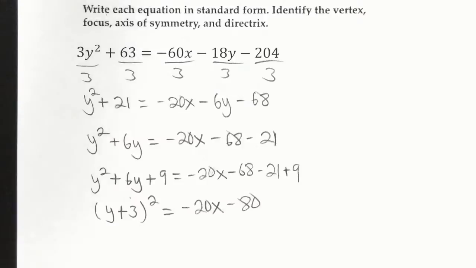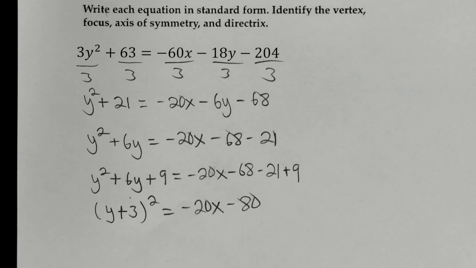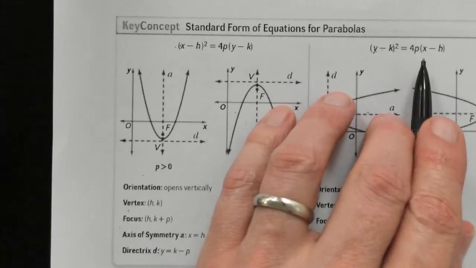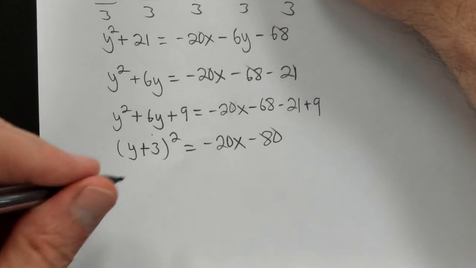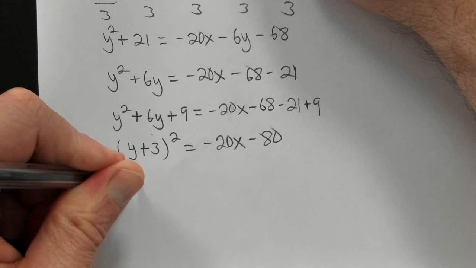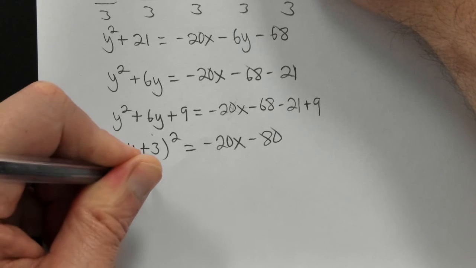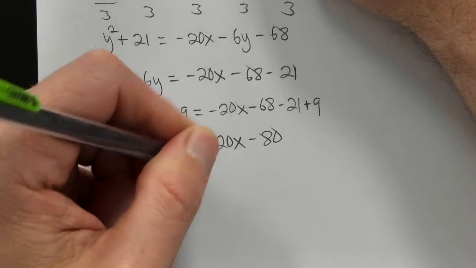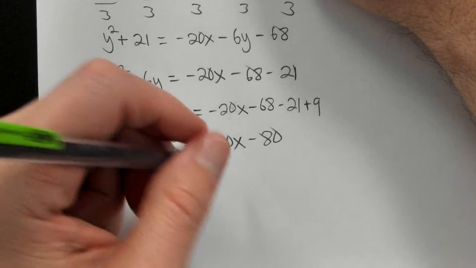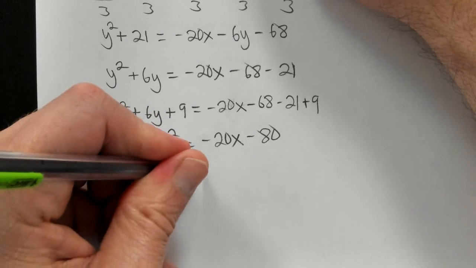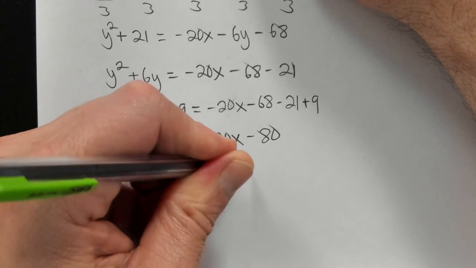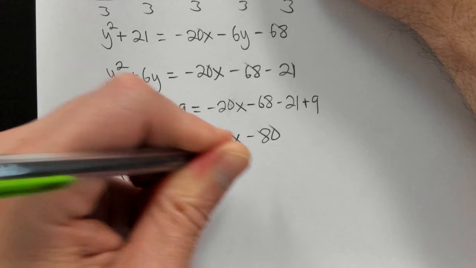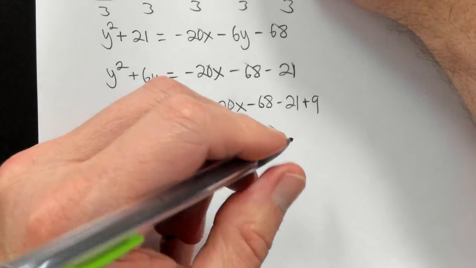All right. And so from here, what we can do, again, to get this into this form, if there's anything that can be factored out here, which it can, we're going to now turn this into y plus 3 squared equals, and what I can factor out here is a negative 20, really. So it'd be negative 20, open, x plus 4.